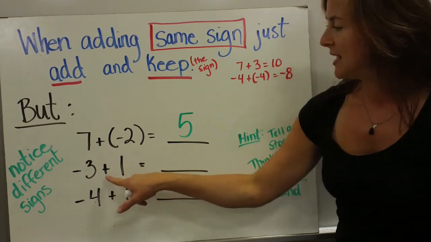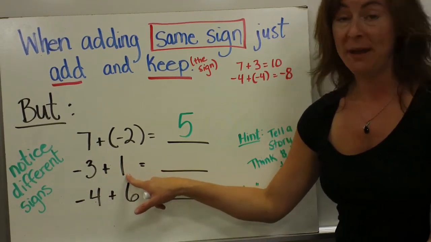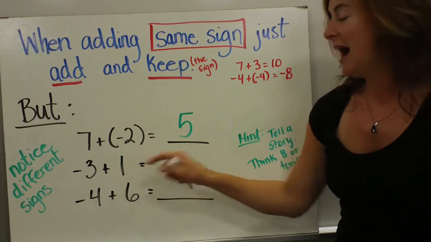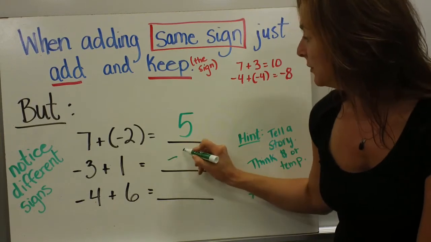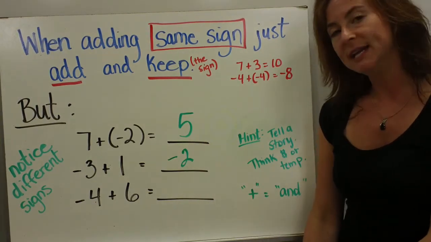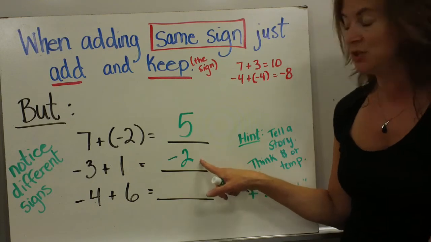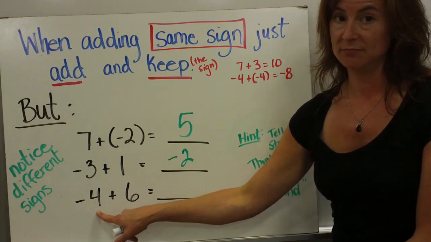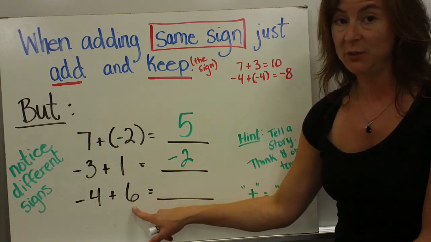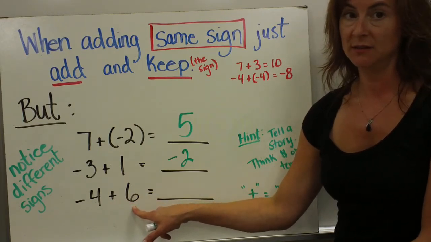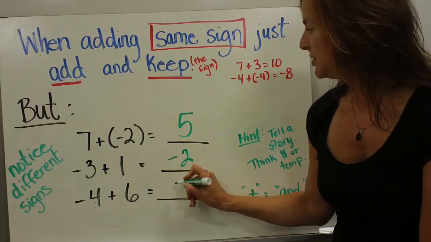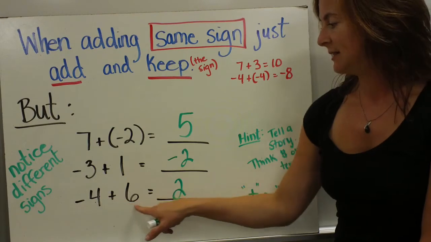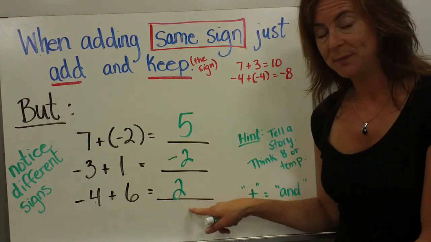I owe you $3 and I pay you $1, +1. I still owe you $2. So -3 and 1 is -2. In this case, I owe you $4 and I give you $6. You've just made $2 from lending me money. -4 and 6 equals 2.